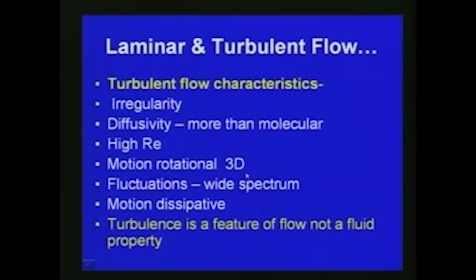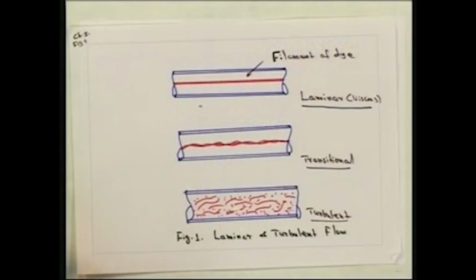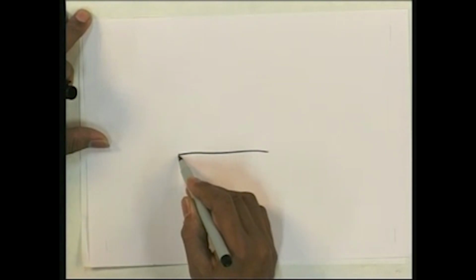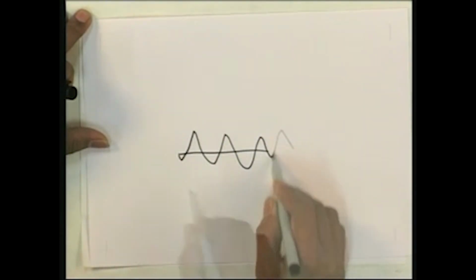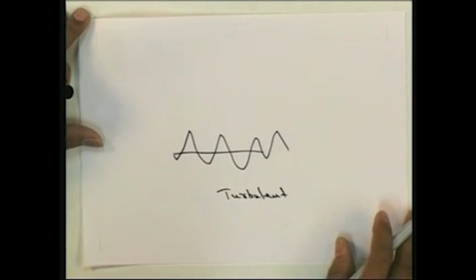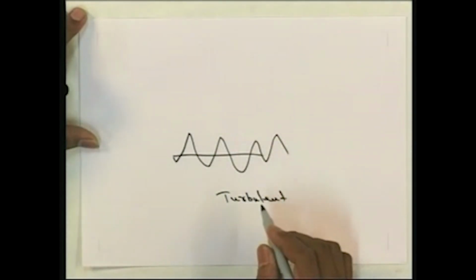So motion in turbulent flow can be rotational and 3 dimensional, and the fluctuations can be of a wide spectrum. If the flow is laminar here, but whenever the flow becomes turbulent, the fluctuations that take place will be of a wide spectrum.